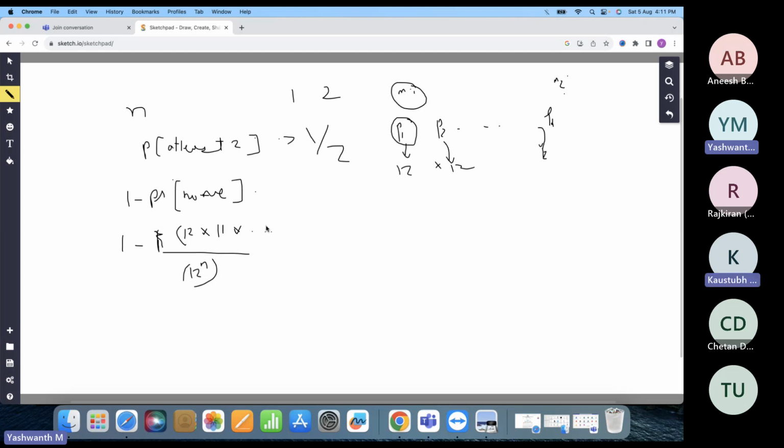It depends on n how far you go. So here it is 12 times 12 minus 1 times 12 minus 2, and so on, up to 12 minus n plus 1 in general. So this is your desired probability, 1 minus this.